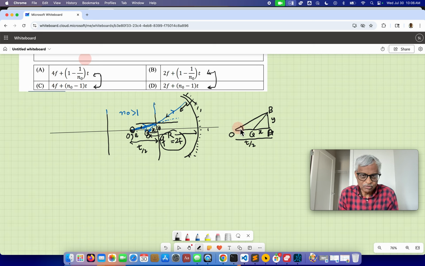This is going to be equal to the angle, incidence angle, and this is going to be reflected angle, but the refracted angle is n equals 1. So tan theta i will be y over t over 2.